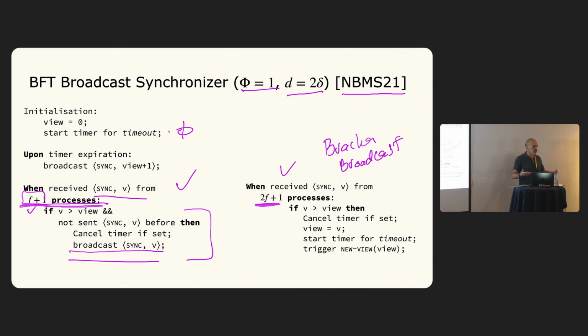Before GST, I can receive a large number of such messages from, say, Byzantine nodes, which are never going to be supported by correct nodes, but I still need to keep them. I can eventually garbage collect, but in theory my space is unbounded here, because I need to remember all these messages.